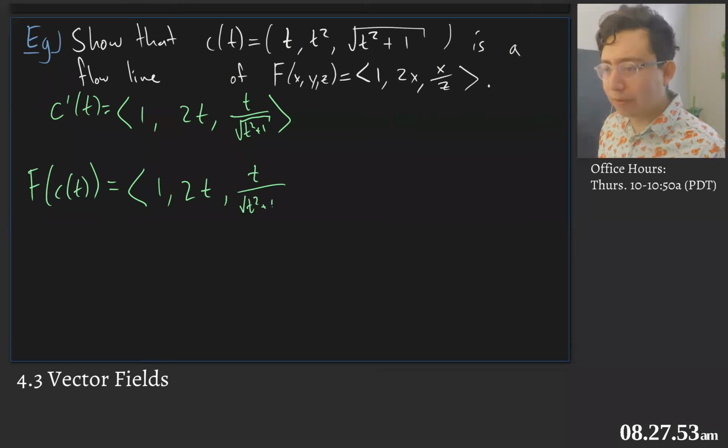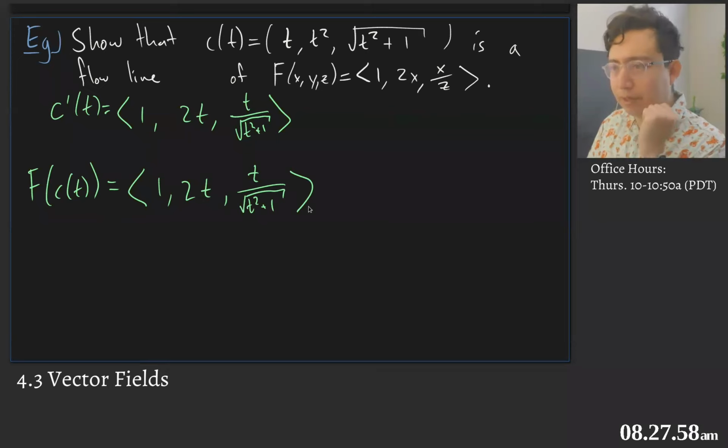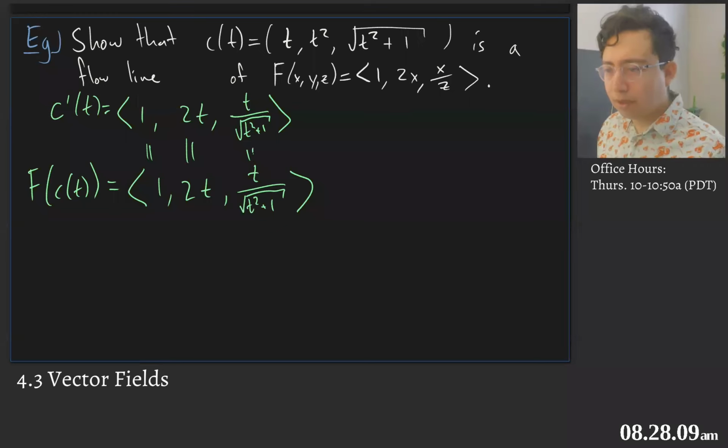Hey, we get exactly what we wanted. So since these are equal, that shows that this is in fact the flow line for this vector field.